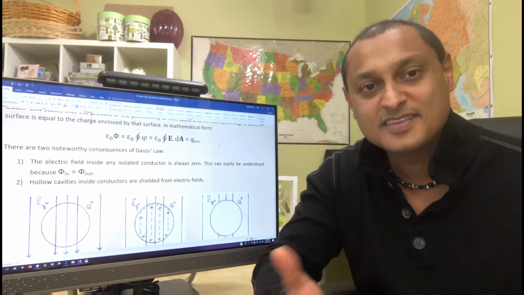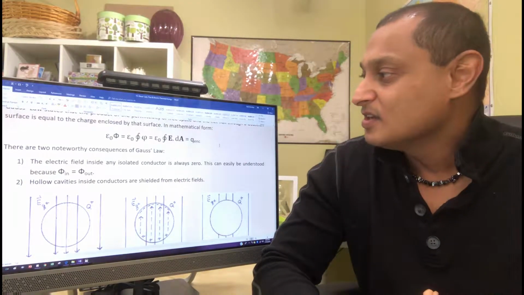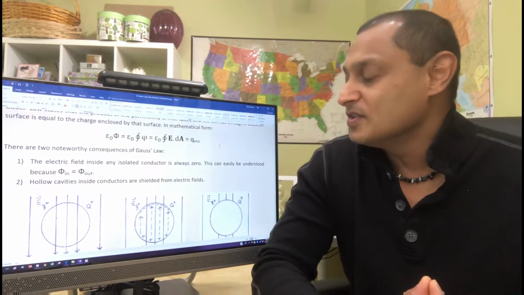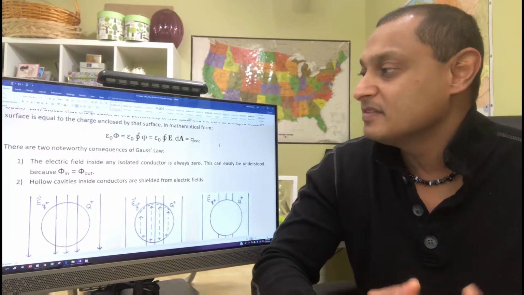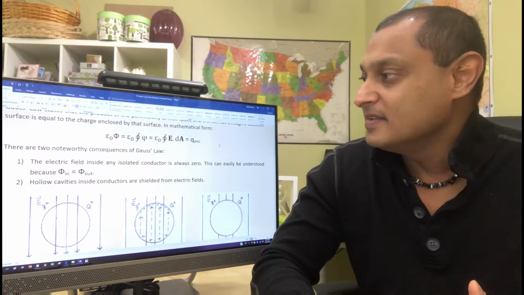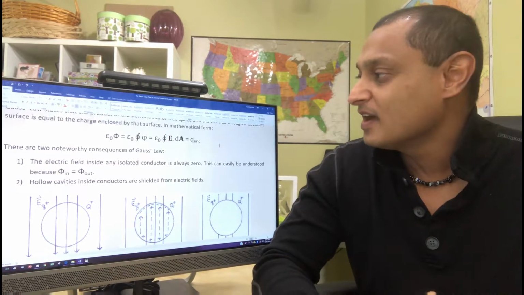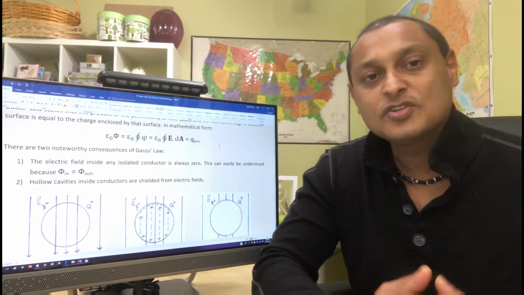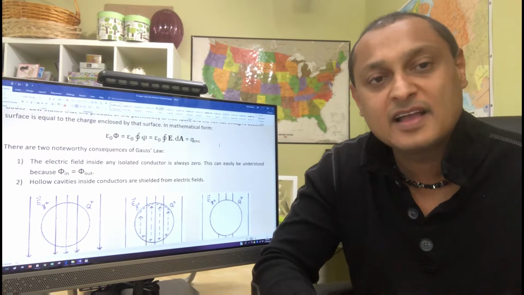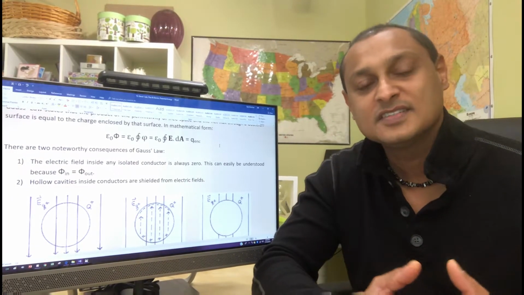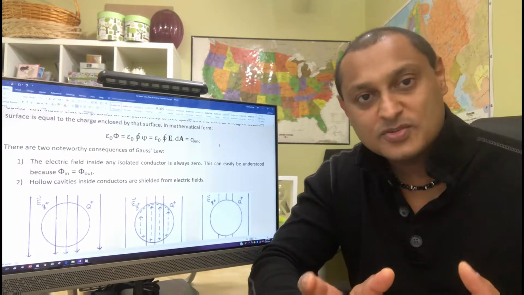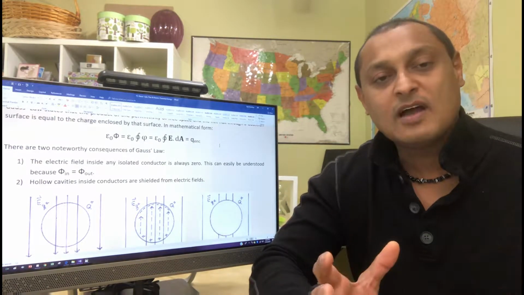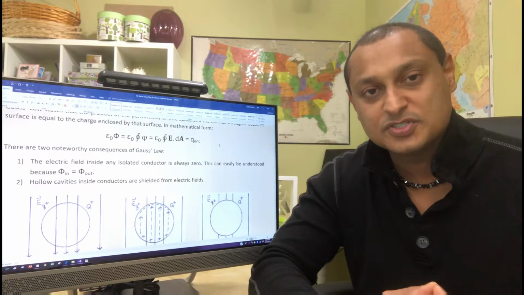If it's epsilon naught, it says free space. So it's related to the behavior of electric fields. So the permittivity of free space times this new property called electric flux gives us the total charge enclosed by a Gaussian surface. A Gaussian surface is an imaginary surface drawn symmetrically around a continuous charge distribution.